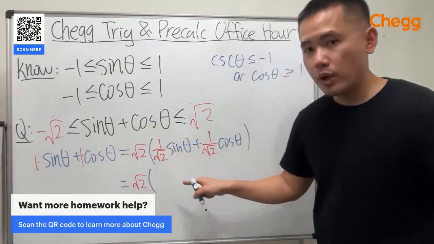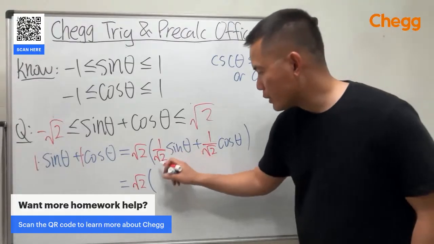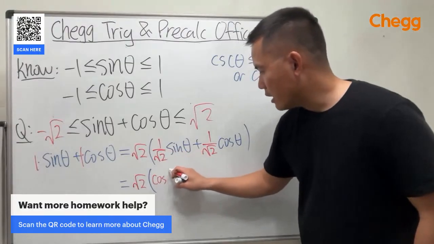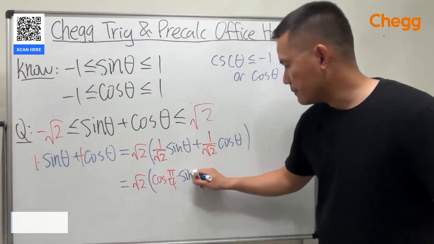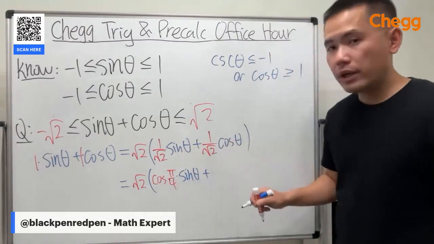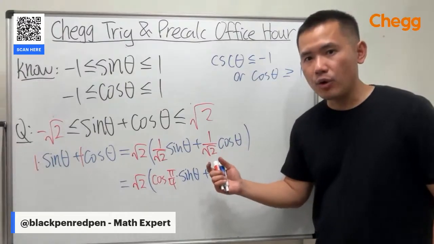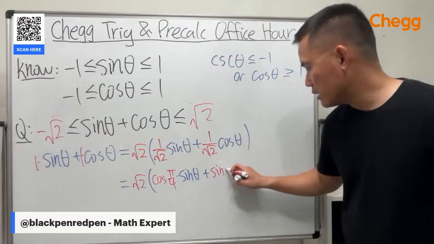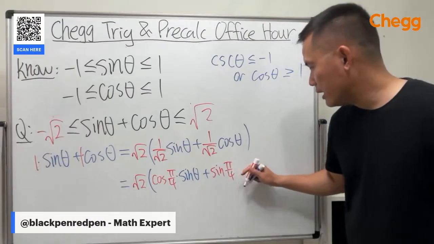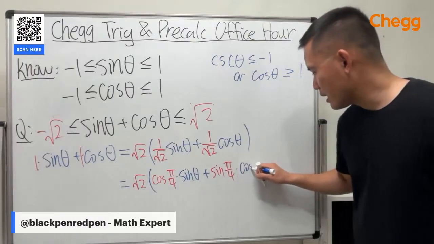But for the 1/square root of 2, I will purposely write it as cosine of pi/4. And then multiply with sine theta. This right here, we can use the same angle, but I will use sine for it, which is sine of pi/4. And then times cosine theta.